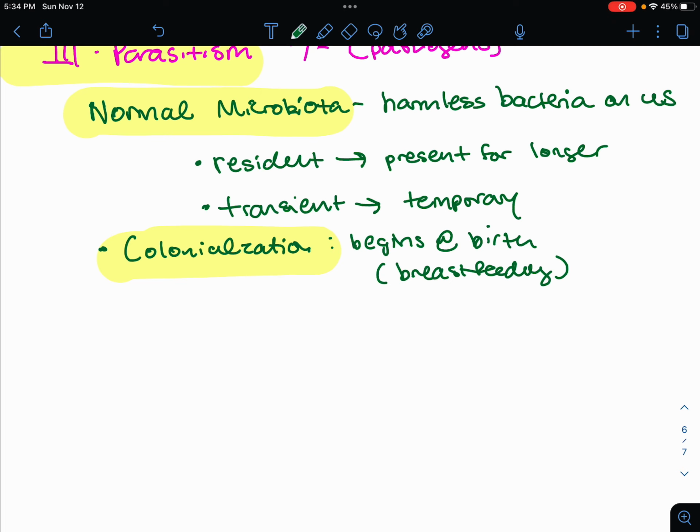The composition of whatever's in the breast milk or in the formula will determine what species are going to colonize your normal microbiota. Again, the composition will be different among individuals and over time. So you have a specific normal microbiota specifically for you, and then someone else has a different one.